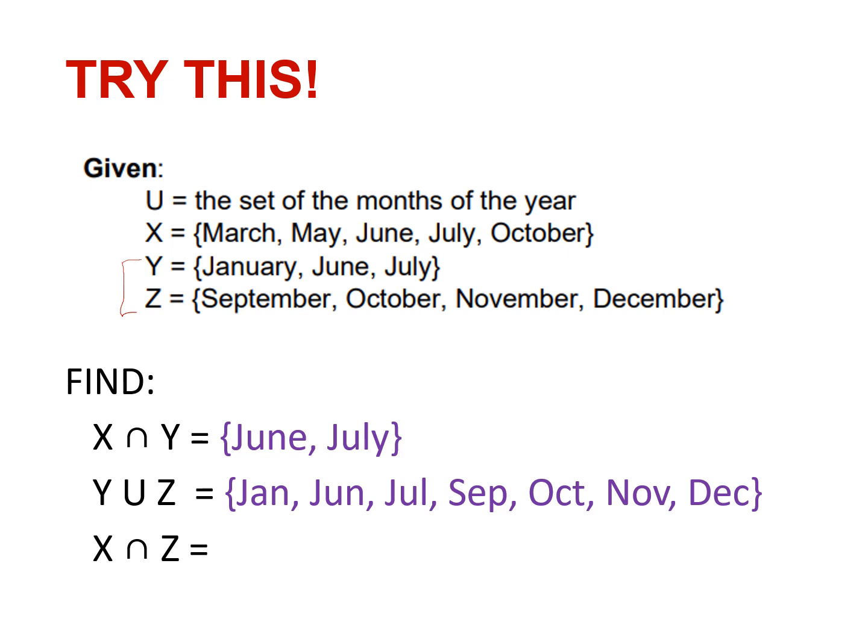And how about the intersection of X and Z? We have only October. The only common element there is October. The rest are not common. So the answer is October. If your answer is this, congratulations because you got the correct answer.